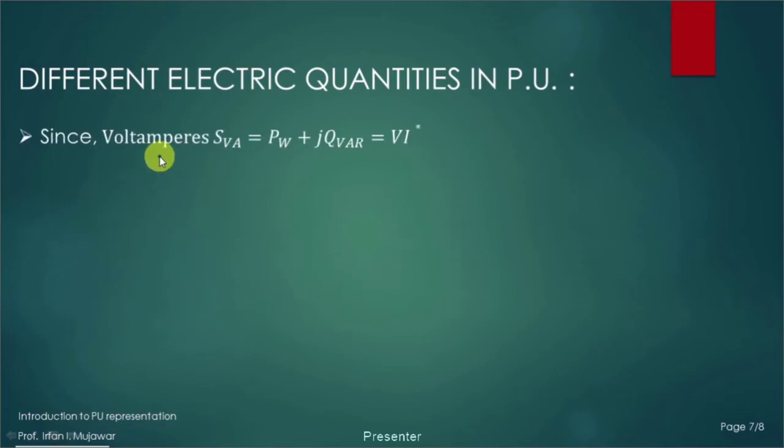Now we know complex power S, whose unit is VA, is equal to P plus jQ. Unit of P is watt, unit of Q is var. Same thing we can express as V I conjugate. Now what will be S per unit?